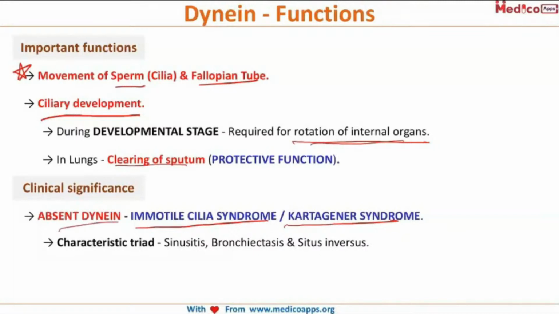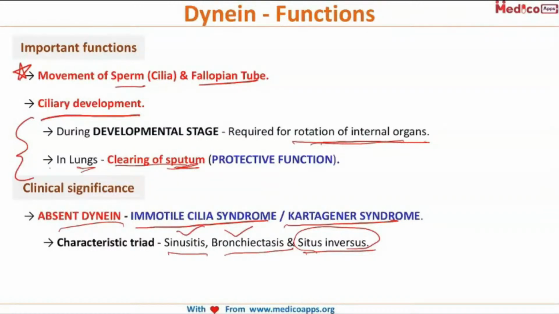It occurs due to absent Dynein, and it is characterized by sinusitis, bronchiectasis and situs inversus. See, both of these functions are disturbed. So, with respect to sputum, there are two features in the triad, sinusitis and bronchiectasis in the lungs, and for the internal organs, there is situs inversus. So, this is the classic triad of Kartagener's syndrome.